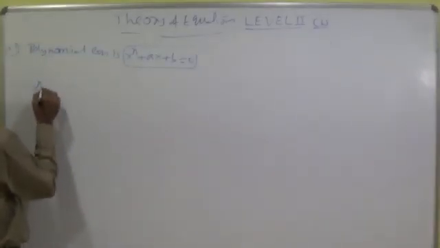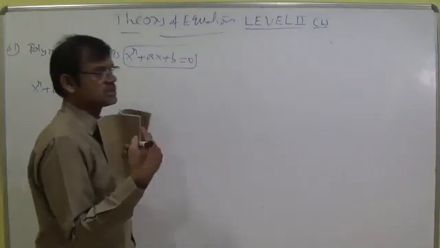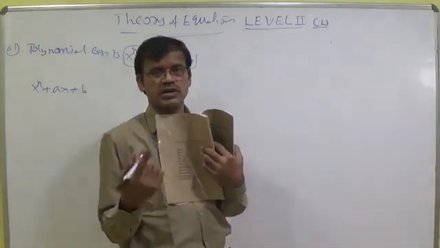We can write x power n plus ax plus b is equal to x minus alpha 1 into x minus alpha 2 into x minus alpha 3 and so on.